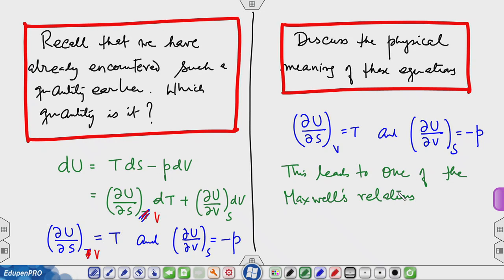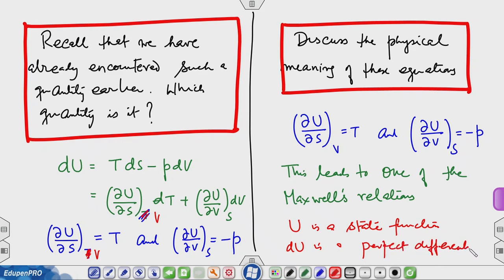To obtain that, notice that U is a state function. dU is a perfect differential. It does not matter which direction you are coming from, the change in U is path independent.